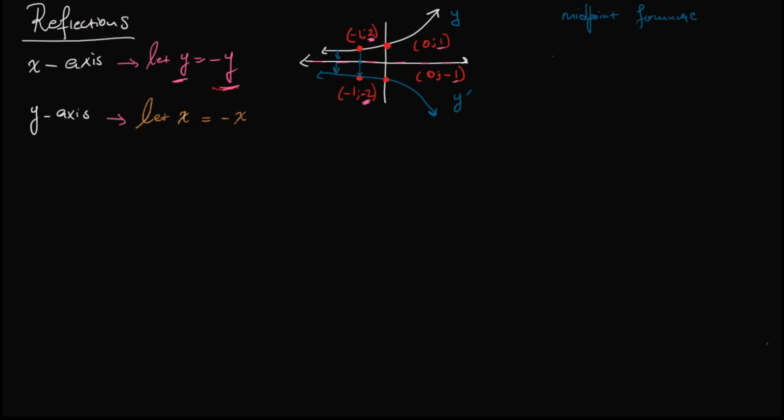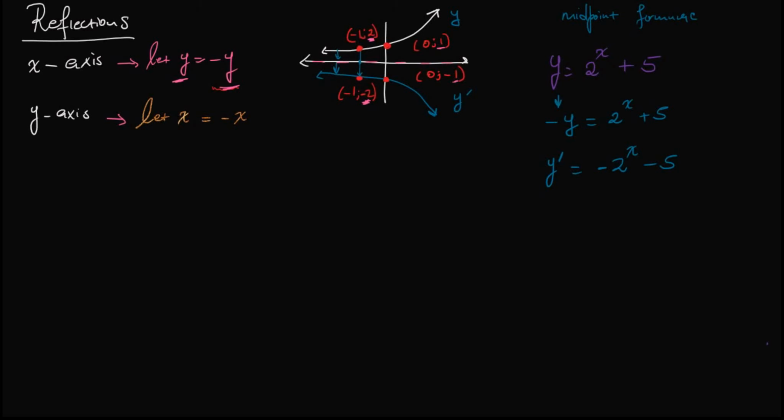So let's look at a function. An example, y equals 2 to the x, plus 5. Then we want to reflect it about the x-axis. So remember, y becomes -y. So it's -y equals 2 to the x, plus 5. Then to find y, which is not really y now, but more like y prime, it is going to be equal to -2 to the x, minus 5, if you divide by -1.